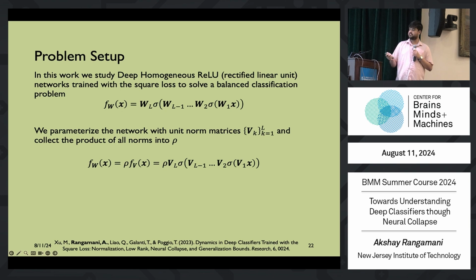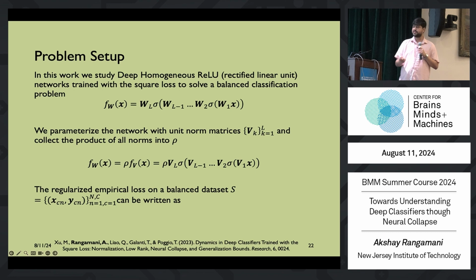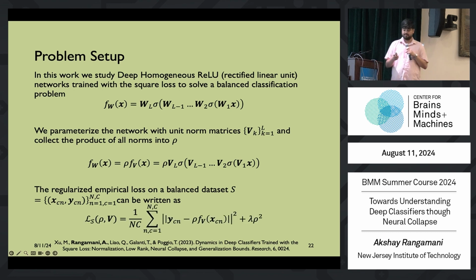Instead, since we're working with ReLU activations, what we can do is normalize all of these matrices and pull out a single scale parameter rho. Specifically, this is the same rho that Tommy used in his talk yesterday, and that is the product of the Frobenius norms of the matrices. And you can write down the regularized empirical loss on a balanced data set as basically squared loss plus a weight decay term.